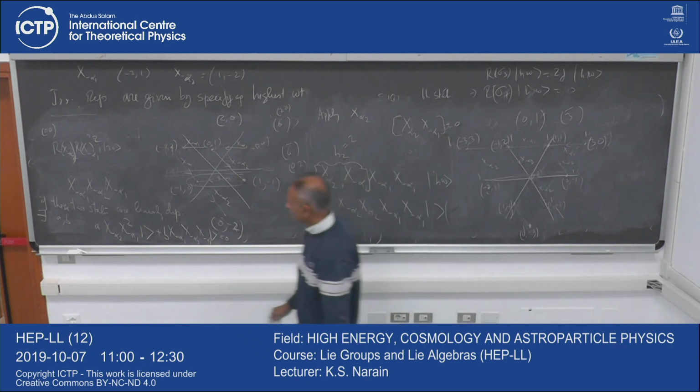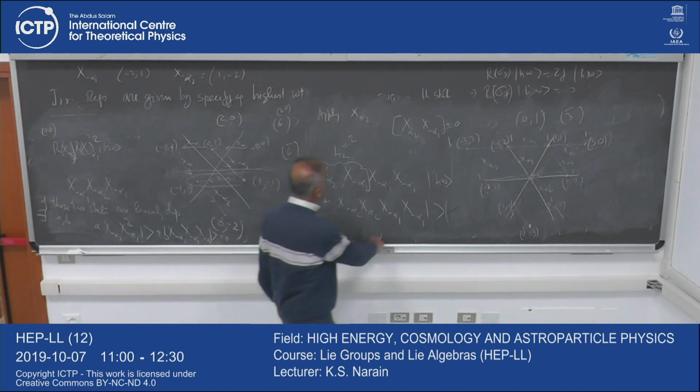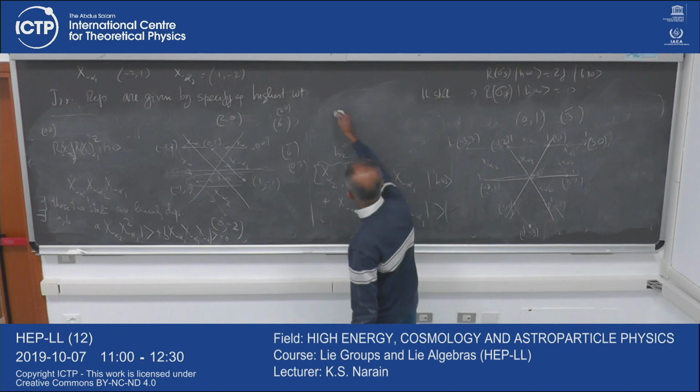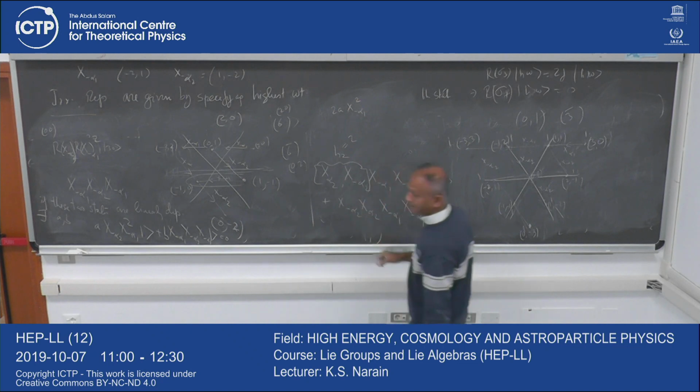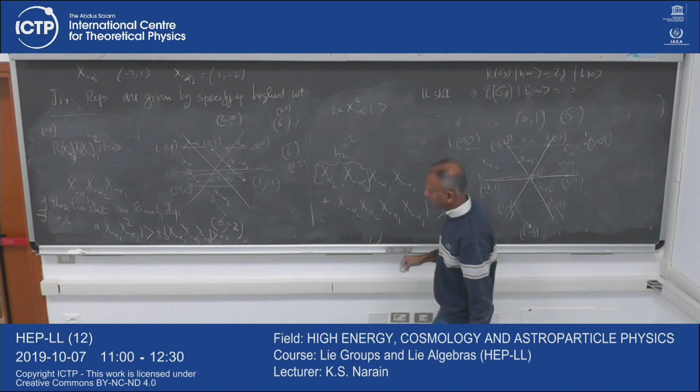So you find that when you apply this, you get 2 times A. So the first term gives 2 times A times x minus alpha 1 square, acting on the highest weight state. Now what about the second term?